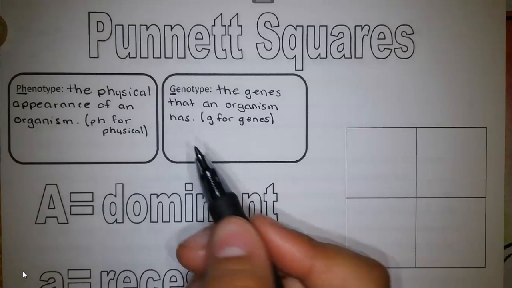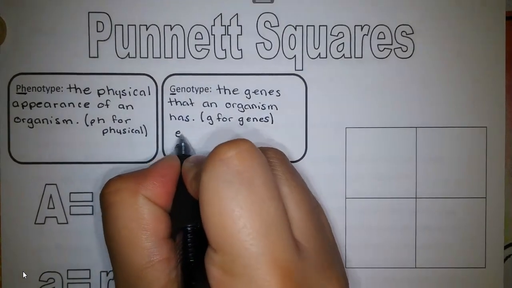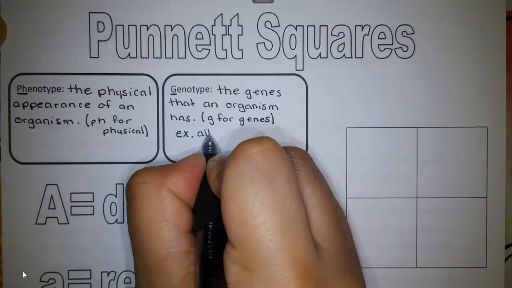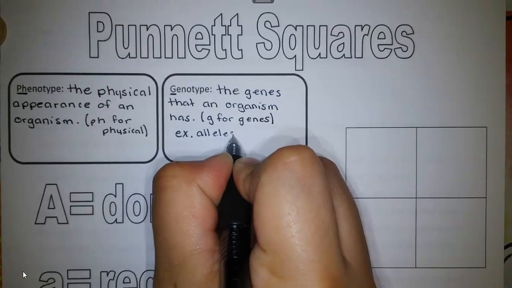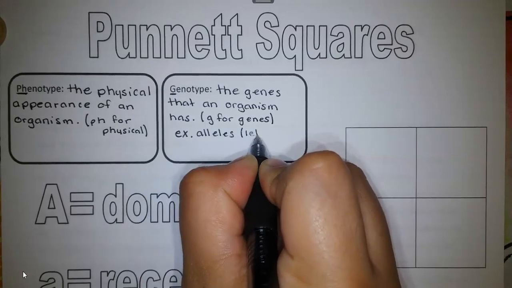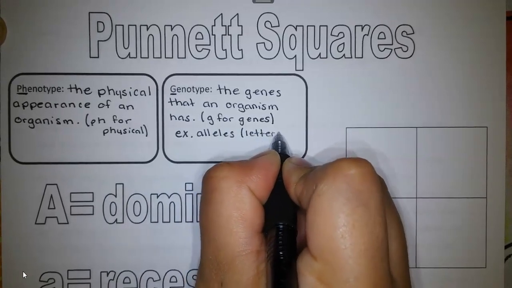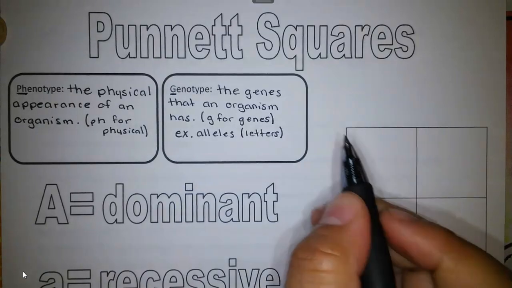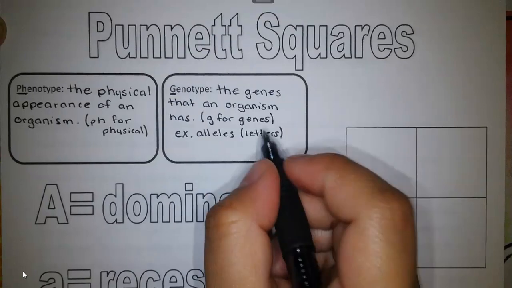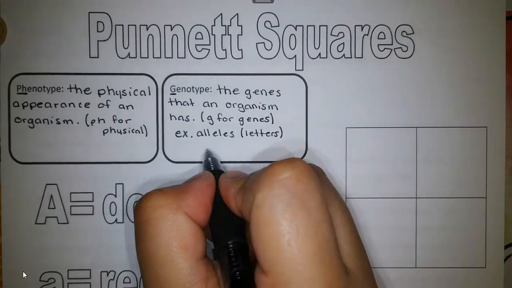Now here, for example, we're going to be looking at the alleles. And remember that these alleles are the letters that scientists use in order to represent that specific gene.